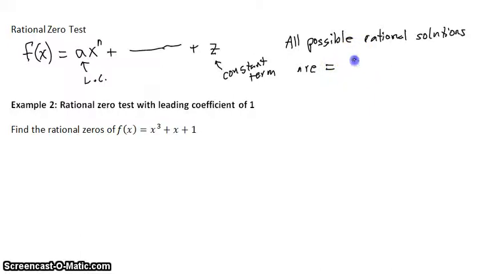They are either plus or minus any factors of z, this being your constant term, all divided by the plus or minus factors of your leading coefficient.